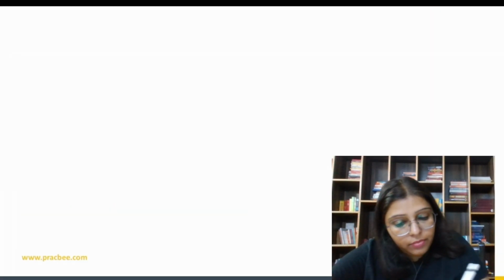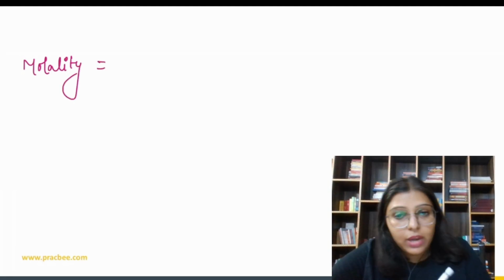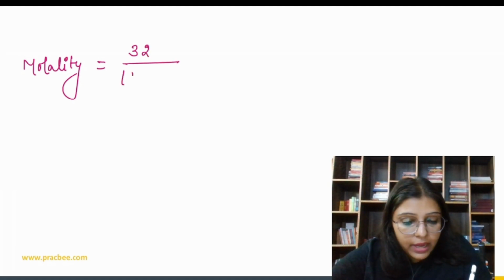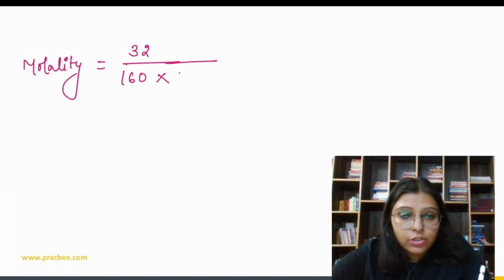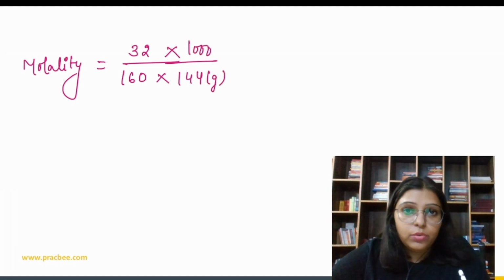It means we have to put everything in this formula. Molality is equal to number of moles of solute, which is mass of solute 32 divided by molar mass of solute, which is 160, into mass of solvent, which is 144, but that is in gram, so we have to multiply the numerator with 1000.